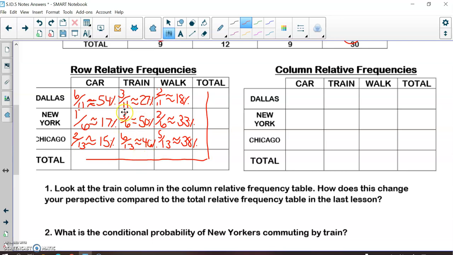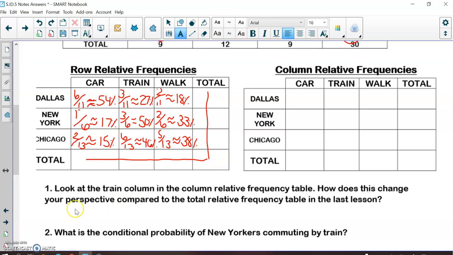And that's because we're doing the total amount of New Yorkers that rode the train out of all of the New Yorkers. So we're only comparing it between the amount of New Yorkers, as compared to the total relative frequency table, where we were taking the number of New Yorkers out of the total number of people surveyed altogether.